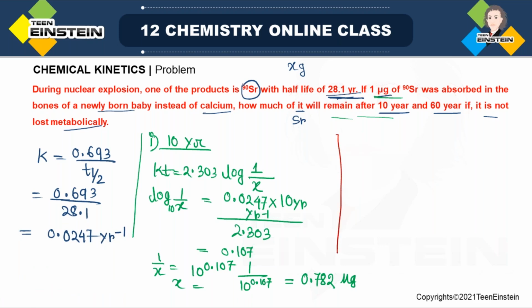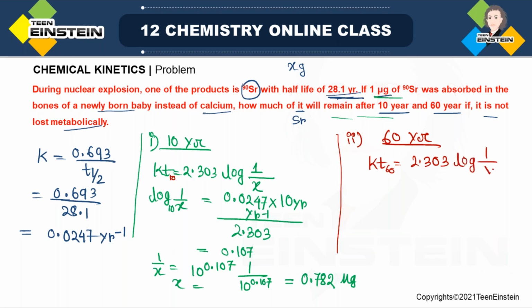And what will it be for 60 years? Again, kt. Now this was actually t 10, this is 60. 2.303 log.